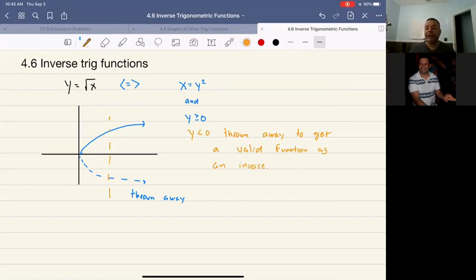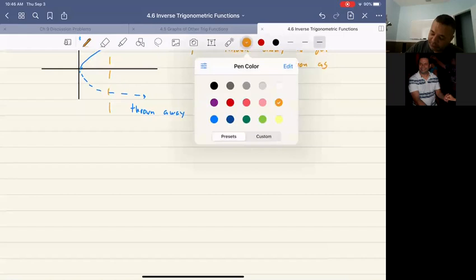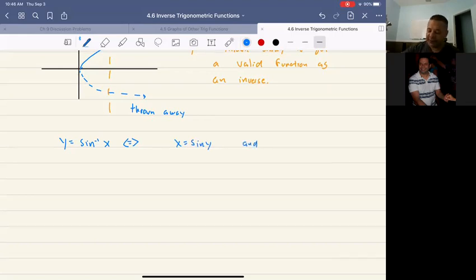Now we're going to take the same idea and apply it in our next example. We're going to start with the inverse sine. y equals sine inverse of x is equivalent to x equals sine of y, and we're going to take y between negative pi over 2 and pi over 2.